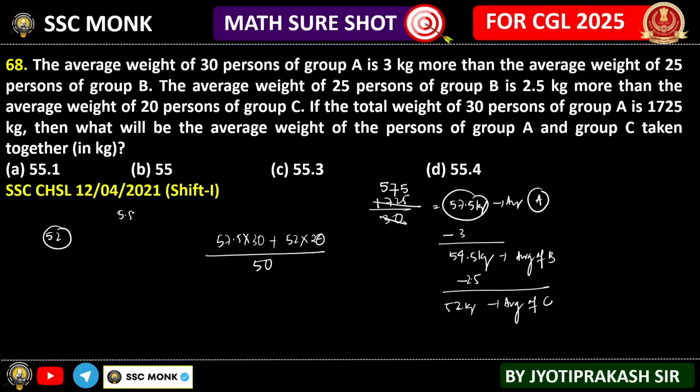Sir, 5.5 is more for 30 people. So total more is equal to 165, and this 165 will be divided by all the 50 guys. So 165 divided by 50 is 3.3 kg. So now 3.3 kg will be distributed among all. So now the average weight will be 55.3 kg for group A and group C people. That is option C, right answer.